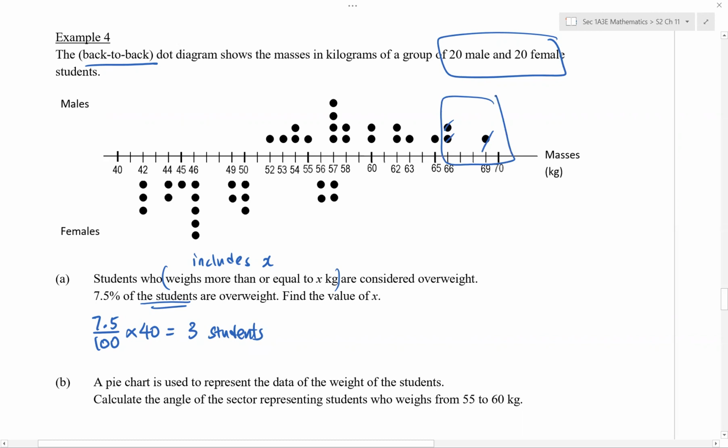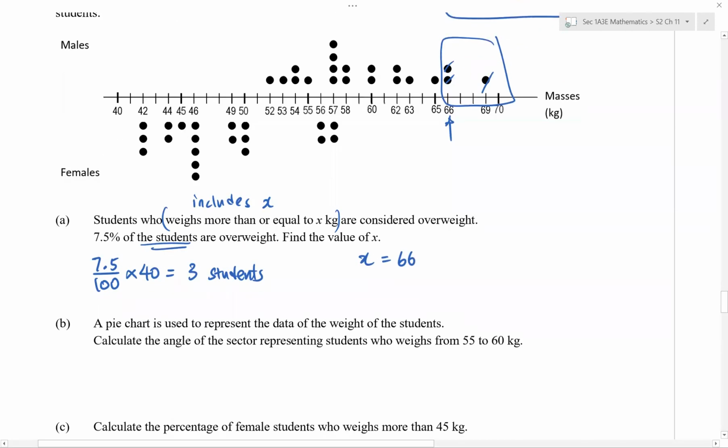And now, find the value of X. In this case, because we are including the value of X, when we try to determine the mass of the students who are considered overweight, we will end up with X equals 66. Okay, so X itself has a value of 66. As long as you're 66 kg or more, you are considered overweight according to part A.